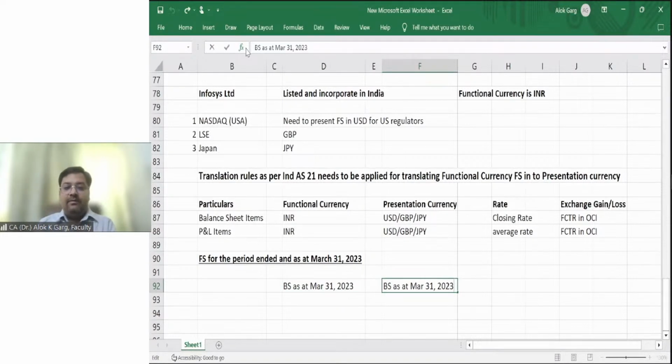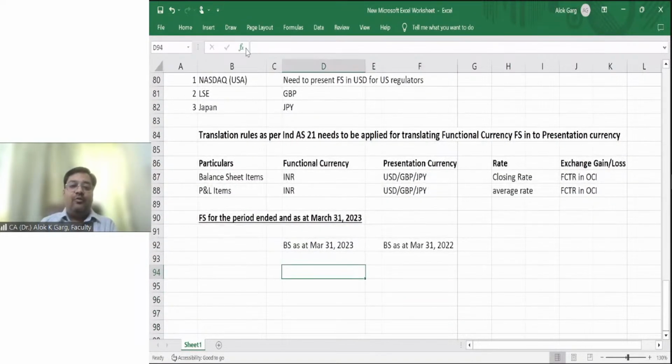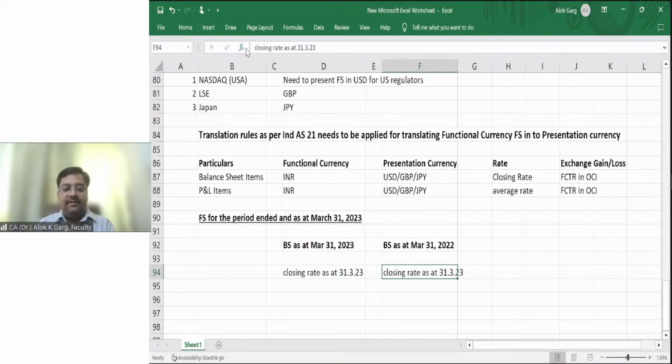This balance sheet needs to be converted using the closing rate as at 31st March 23, and the comparative at the closing rate as at 31st March 22.